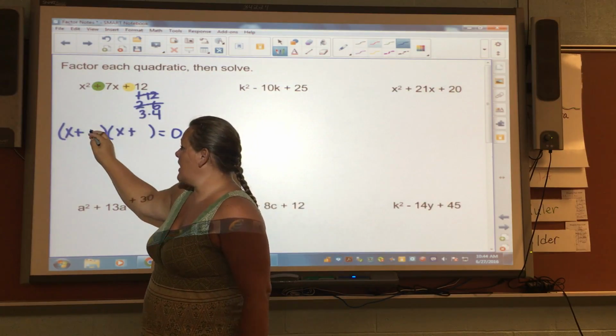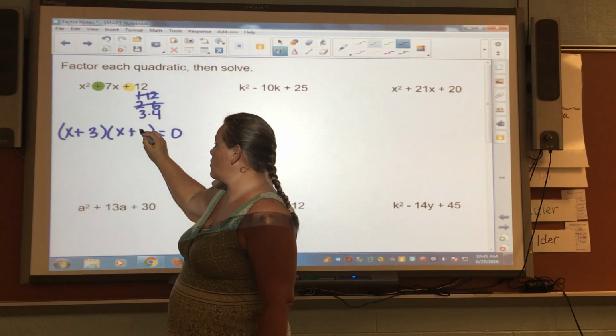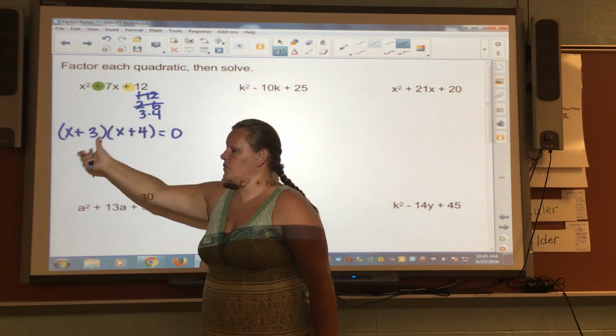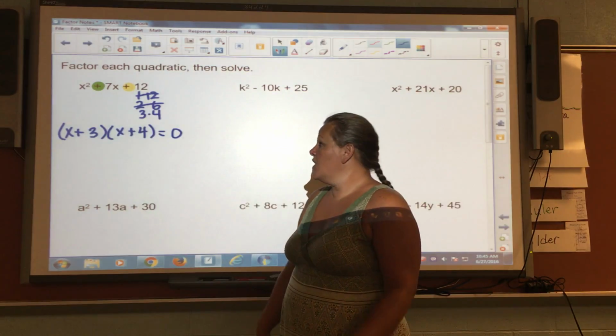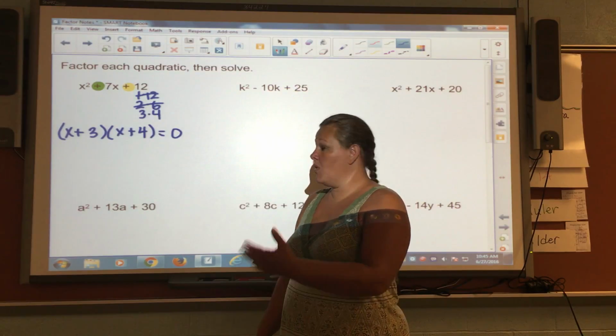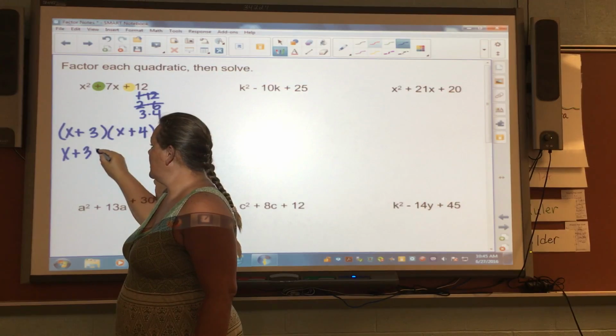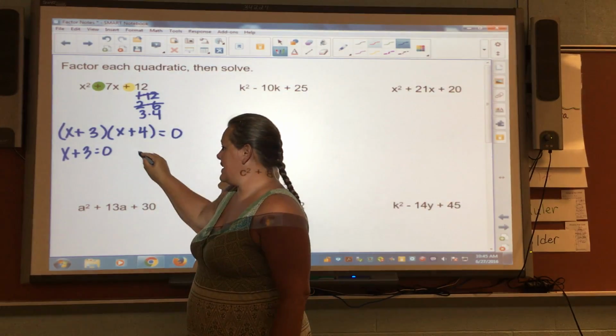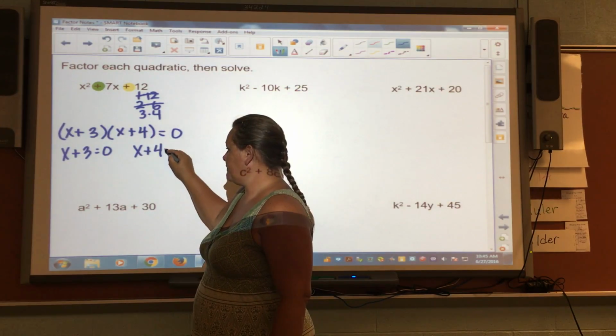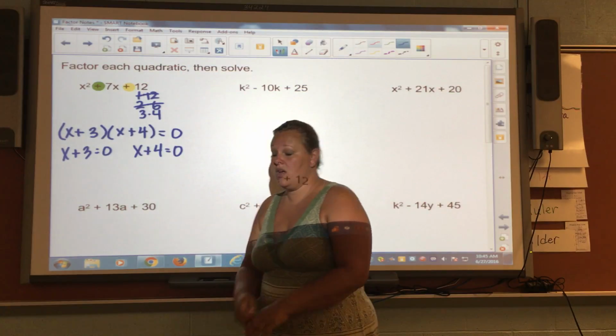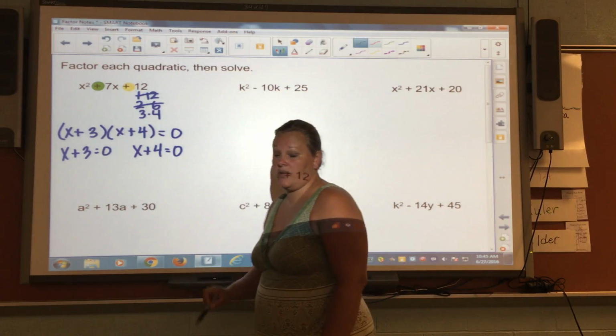Because our signs are the same, it does not matter which order these two things are in. Now that we've factored it, we can set each piece, x plus 3 equal to 0, and x plus 4 is equal to 0. And then you solve each one.